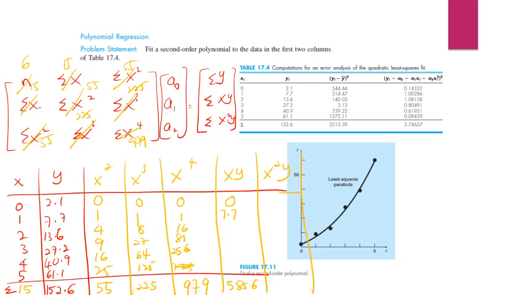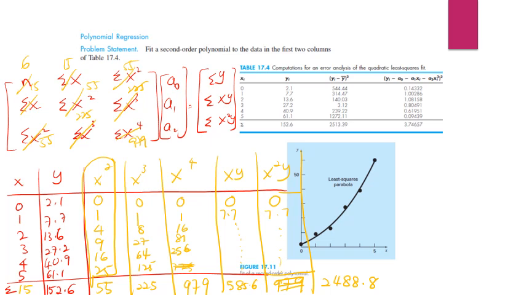And another one is x squared times y. So for x squared, you take this: 0 times 2.1, 1 times 7.7, 4 times 13.6, and so on. So please calculate. Okay, so we get the value of 2488.8.